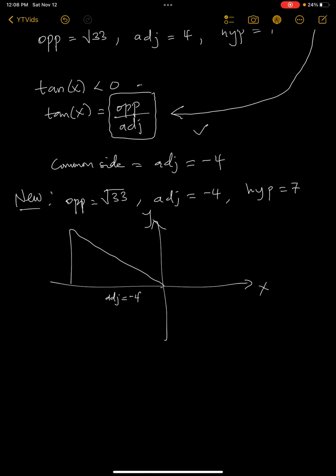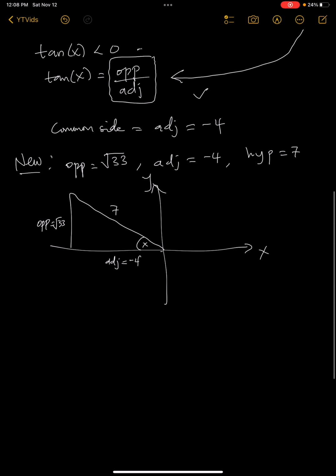The opposite is parallel to the y-axis and positive, square root of 33, and the hypotenuse is 7. That's why adjacent is negative 4.